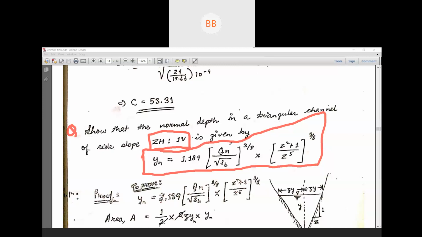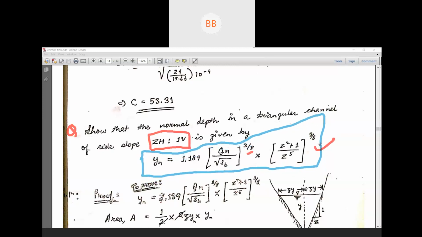So that is yn is equal to 1.189 discharge multiplied by n, n is nothing but your roughness coefficient, divided by root over bed slope, whole to the power 3 by 8, multiplied by z square plus 1 divided by z to the power 5, whole to the power 1 by 8. We have to prove this for a triangular channel.